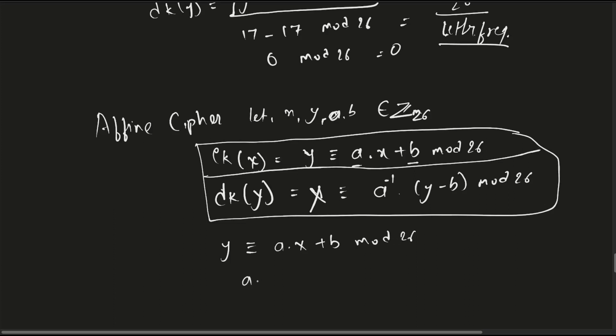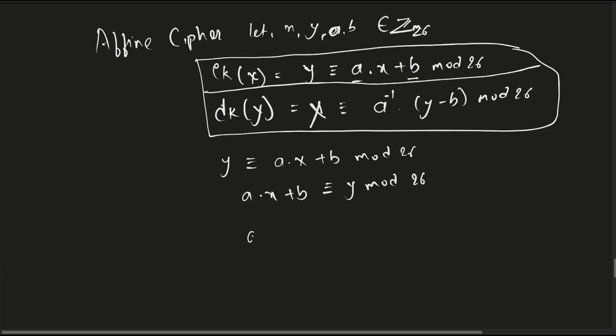If I take the y to the other side, a times x plus b would be equal to y mod 26, and a times x is going to be equal to, let's put b to the other side, y minus b mod 26.